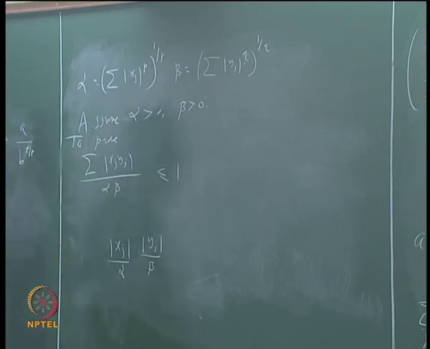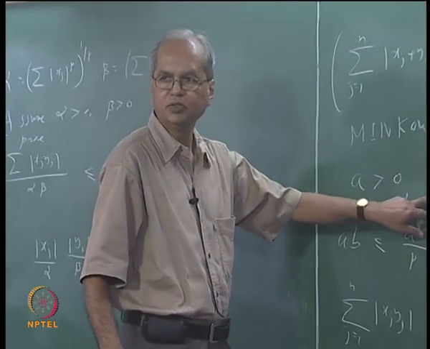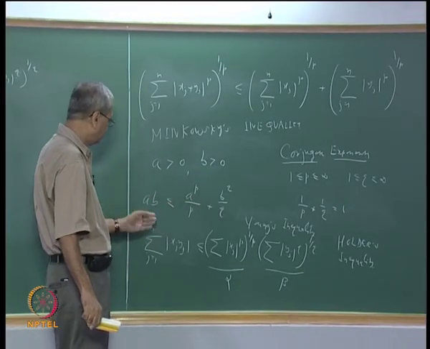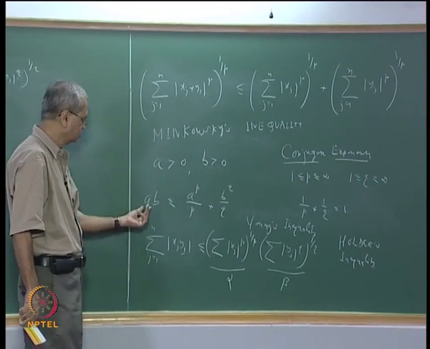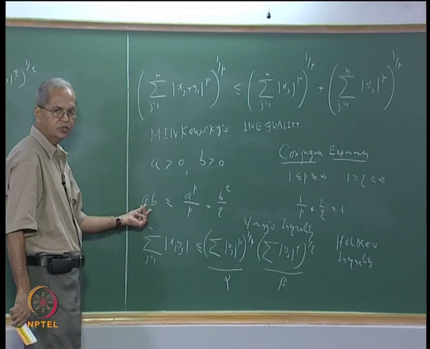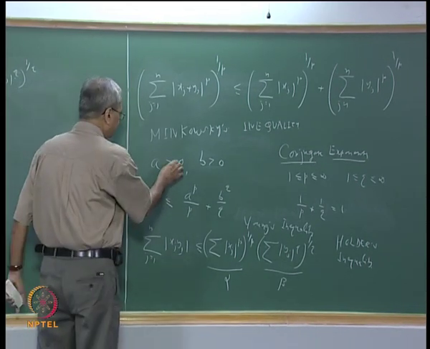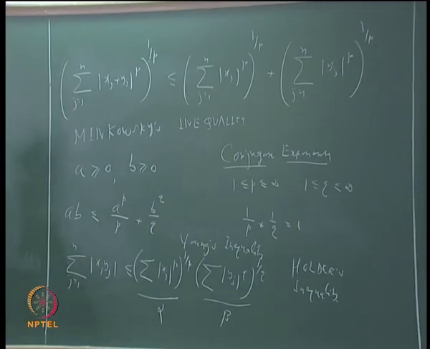Of course, I should say one more thing here. Though here I have said a greater than 0 and b greater than 0, remember that if one of them is equal to 0, this inequality is again trivial. If a is equal to 0, the left hand side is 0, so whatever is on the right hand side, this will still be true. So I will make a small change here: a greater than or equal to 0 and b greater than or equal to 0. Then also this inequality is true.